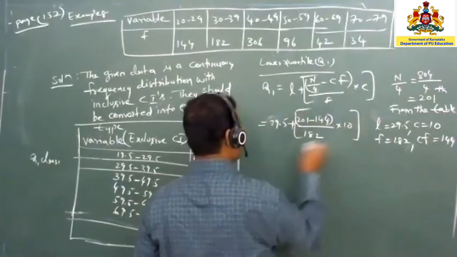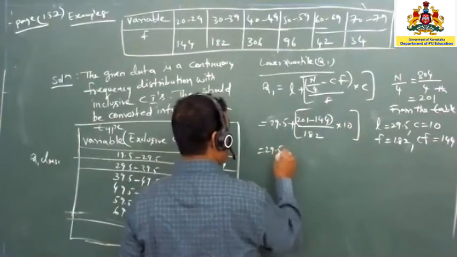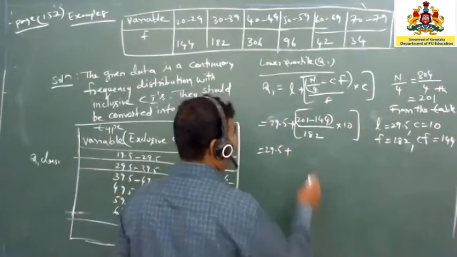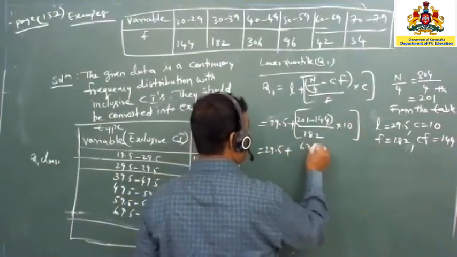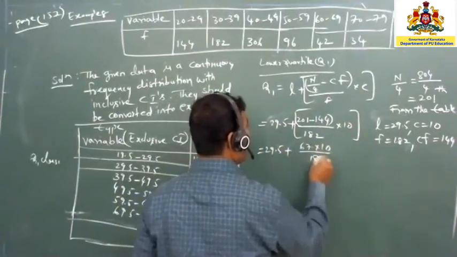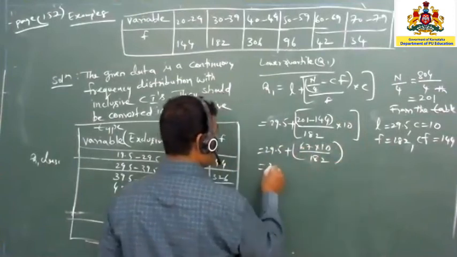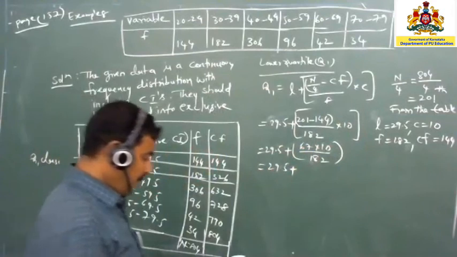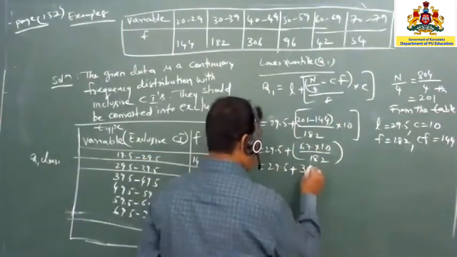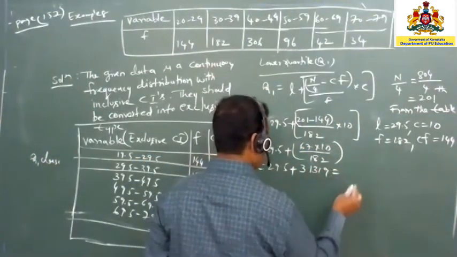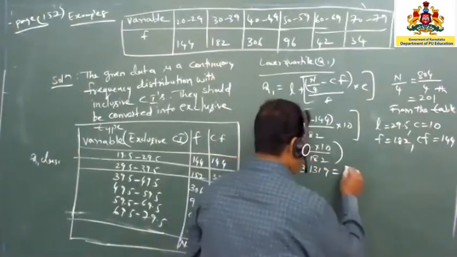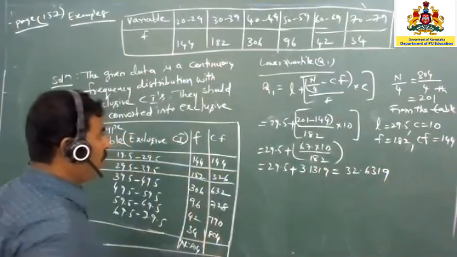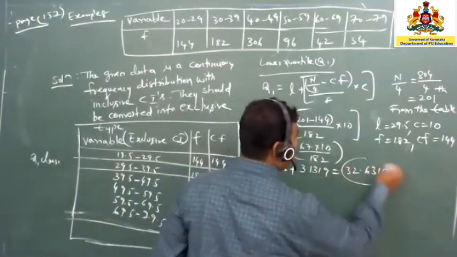By simplification, 29.5 plus 3.1319 equals 32.6319. This is the Q1 value.